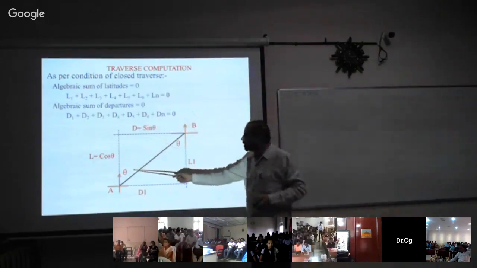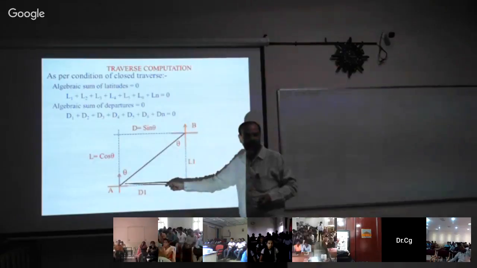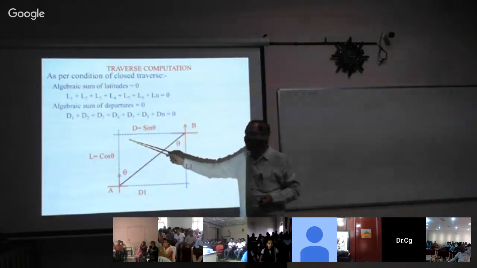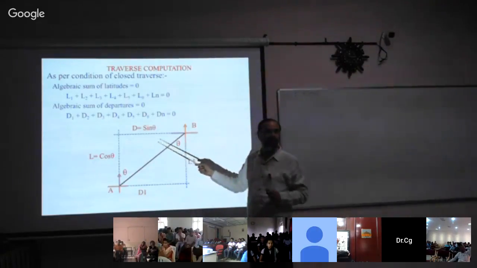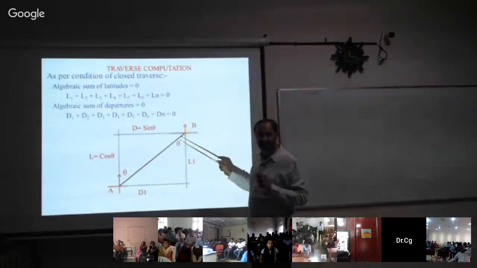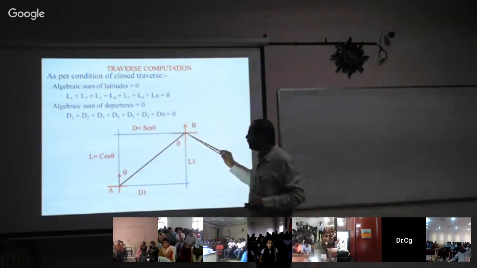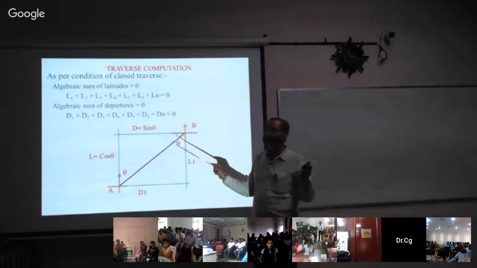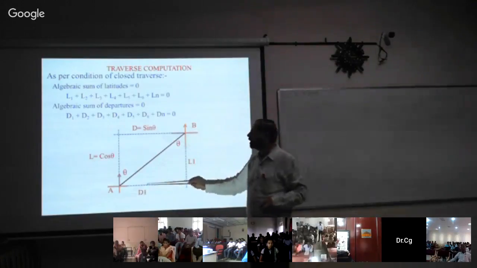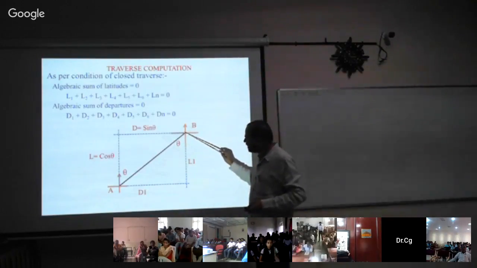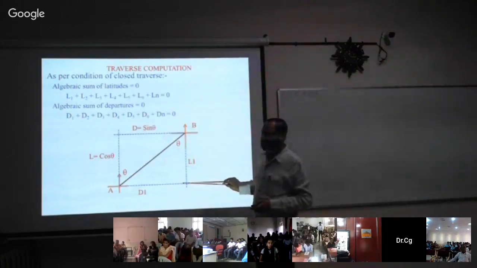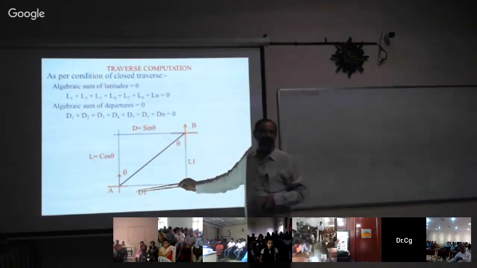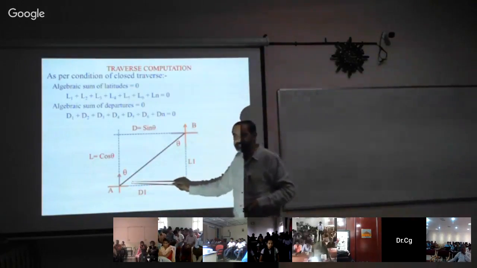Now here, the latitude of line AB with respect to the forebearing is positive, and departure is also positive. Then if you consider from B to A, the line BA, now the latitude is south and departure is west.